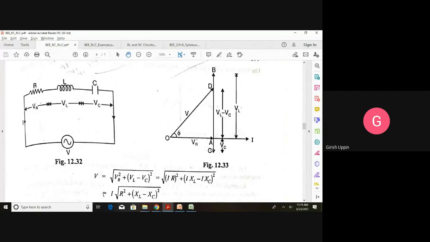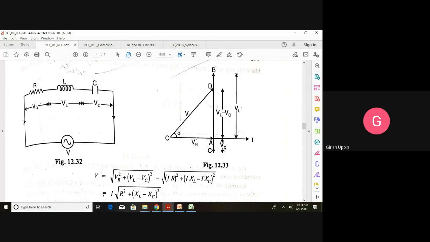Now you can see AB, that is VL, and VC, they are on the same exact axis, the Y axis. So they can be combined algebraically. So what would be the combined value? This is the positive value VL, and this is the negative value, VL minus VC.